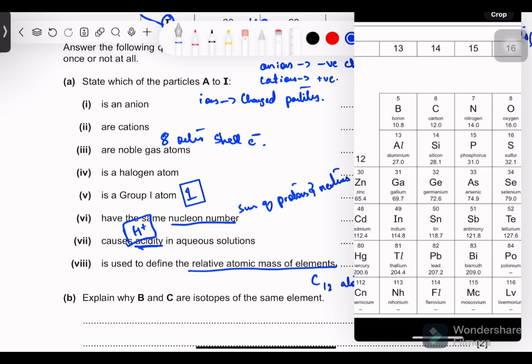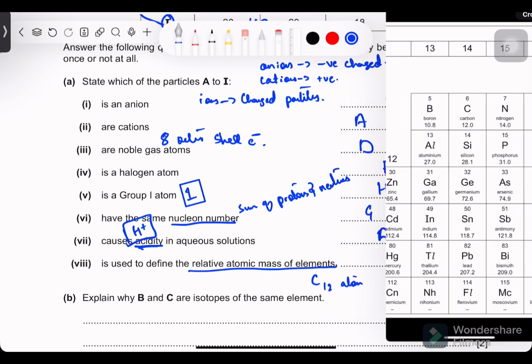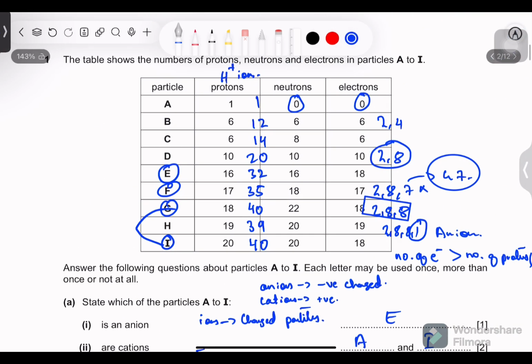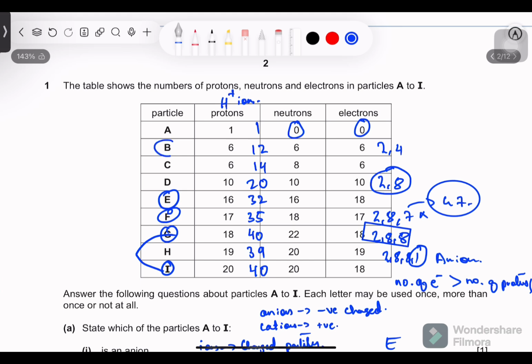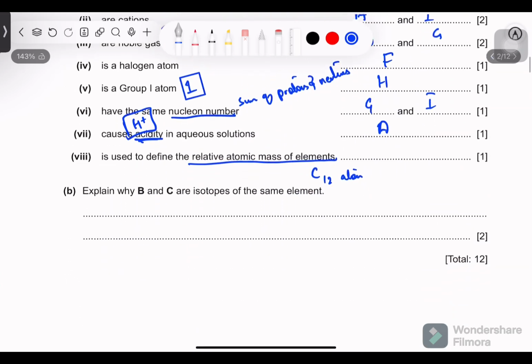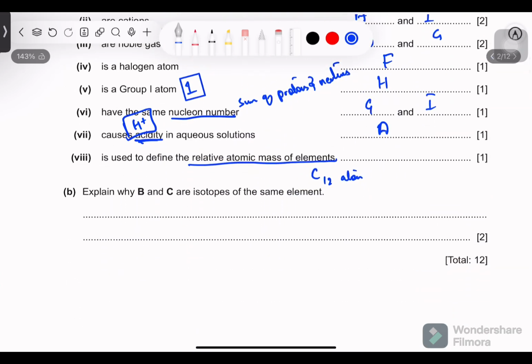Carbon has nucleon number of 12, and the number of protons 6. So nucleon number 12 is only B, and the protons is 6 over here. The problem with C was that we did not have the neutrons as 6, and we did not have the mass number as 12. So the correct answer is B.